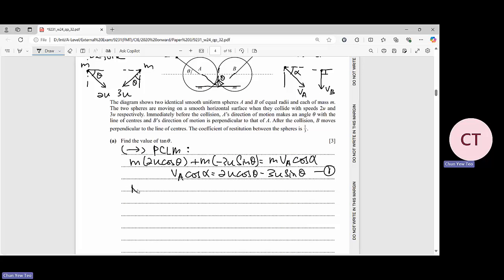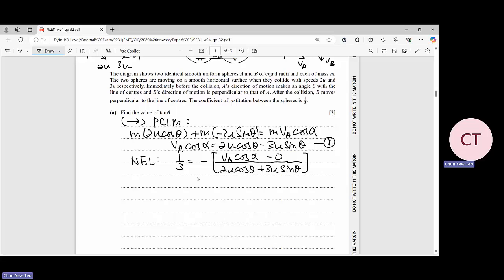Then if you consider NEL, Newton's experimental law, you get e equal to the negative of VA cos alpha minus 0, divided by 2u cos theta plus 3u sine theta. The question gave you that e is 1/3, so we change e to 1/3.